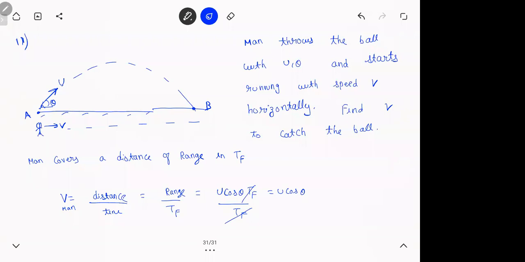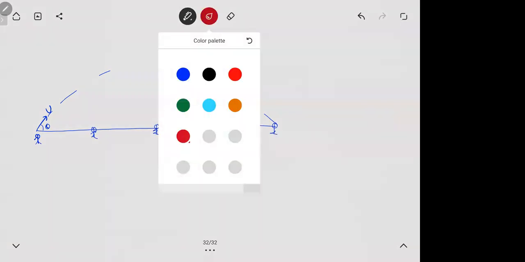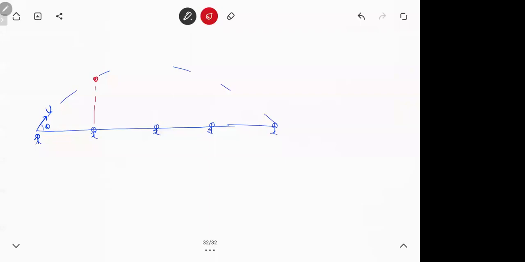Any doubts on this particular part? Do ask me. So actually, you know what is happening here? When this guy is running, when the man is here, you observe the ball is exactly on top of his head every time, because both have the same horizontal velocity.